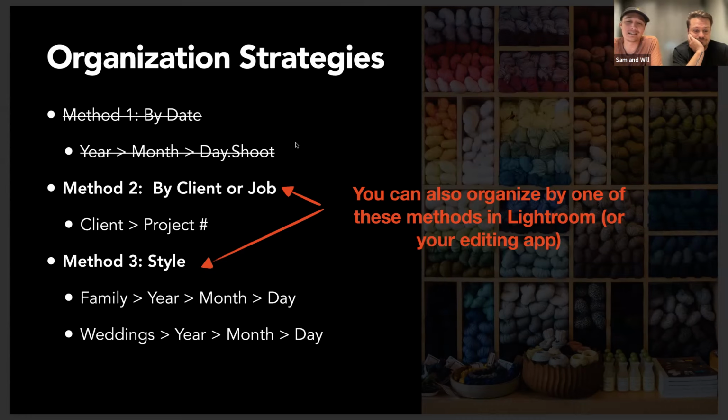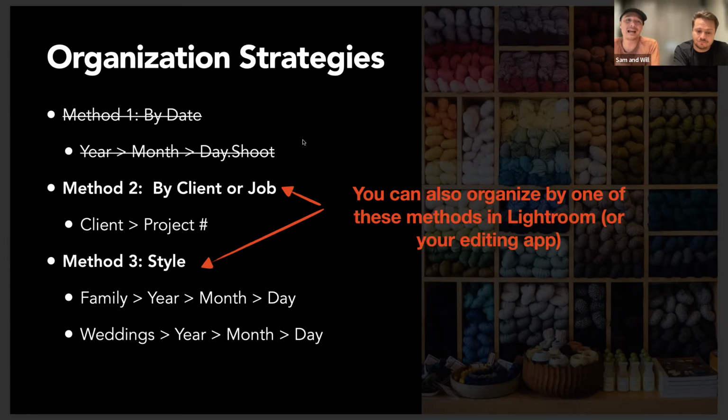The idea is that I'm horrible with remembering what happened in July versus August. I have no idea which shoots happened in which month. But if I can search either a date or the project name, then I'll be able to find it. So I make sure somewhere in my filing system, I have both the date and then the project name or the client name. That way I know I'll be able to find it.